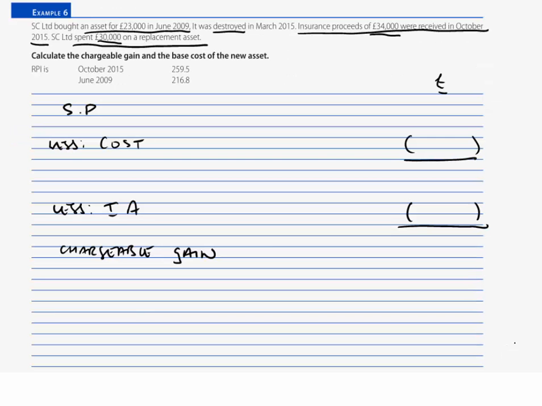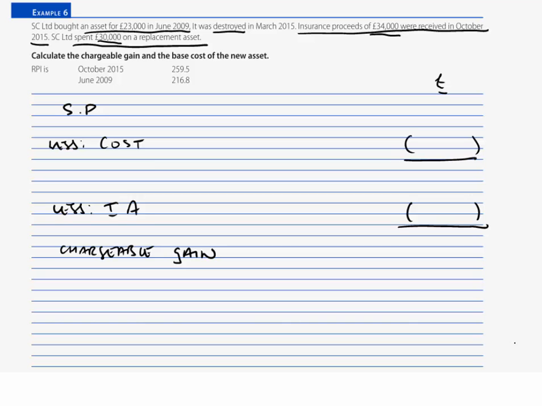Okay, if you've now revised back through those issues in terms of rollover and very specifically partial rollover, we're in a position to actually complete this exercise. The first part of the exercise is very simple. The insurance proceeds of £34,000 are deemed to be the disposal consideration on a deemed disposal of that asset in October 2015 when those proceeds were received.